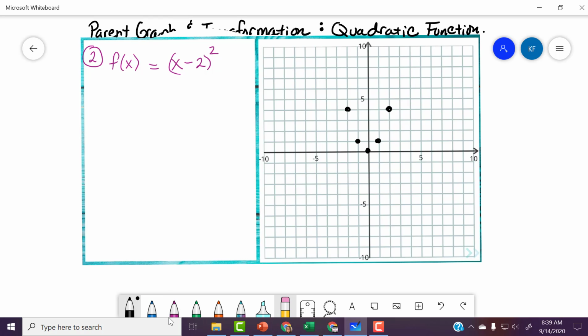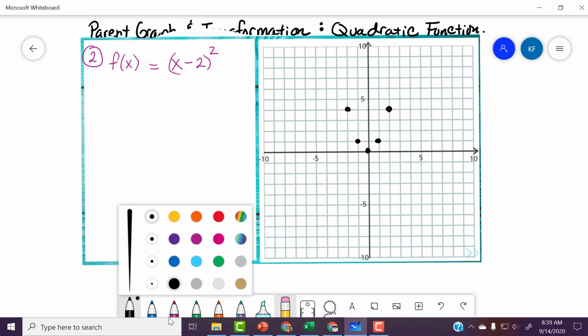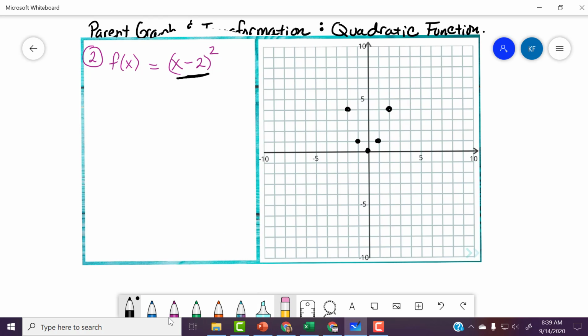And then this time what you need to notice in this particular equation is that since this 2 right here is attached to the x value, you're going to move horizontally. This is a horizontal shift. So you're moving from left to right.